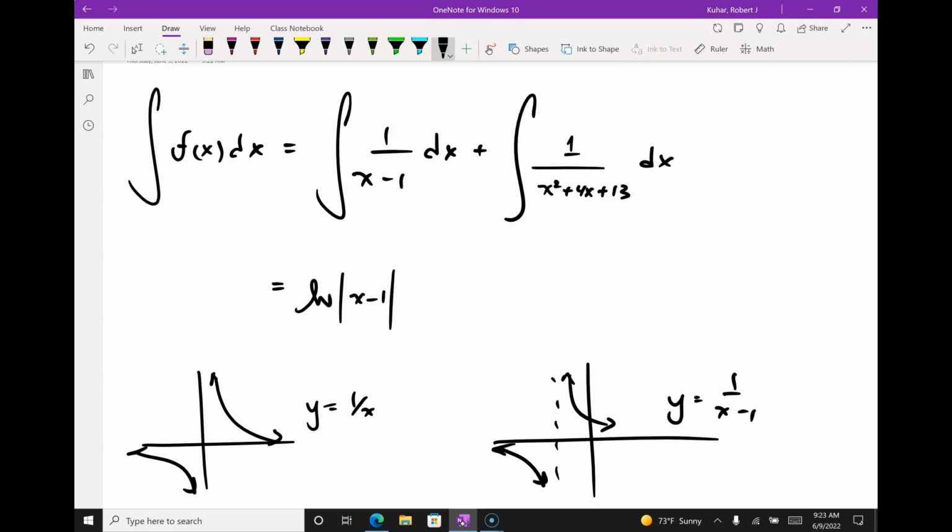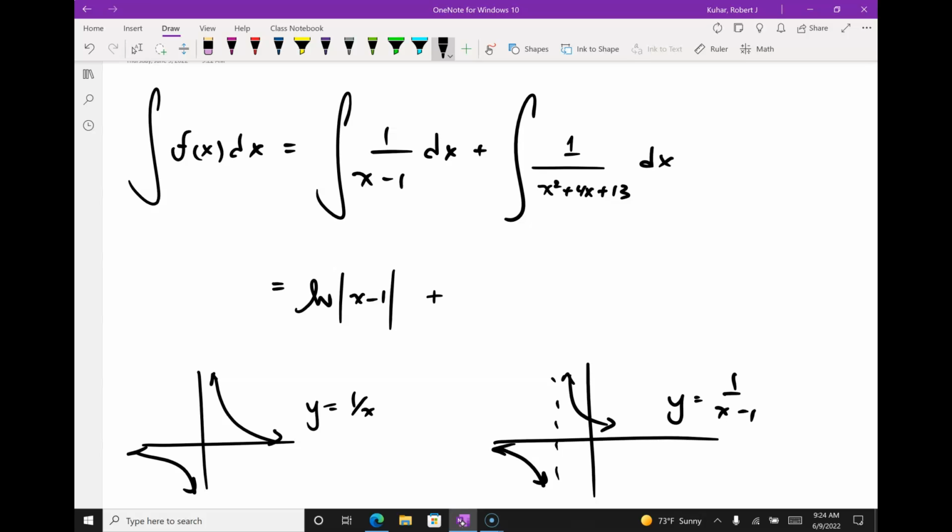So meaning the area is just shifted, so meaning the antiderivative is just shifted, right? So the first one would be ln of x, and so then I'm just shifting it. So it's ln of x with the shift, right? Is that making sense? Or you could do a u sub, but you'll quickly see, oh, u is x minus 1, du is dx. Okay, done, right? 1 over u, it's 1 over u.